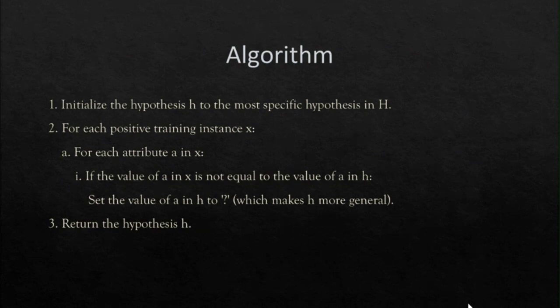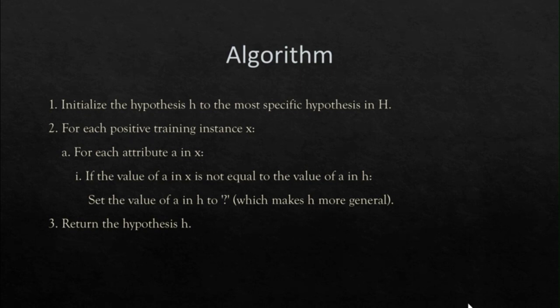So in this algorithm, H represents the hypothesis space, which consists of all possible hypotheses that can be learned by the algorithm. The hypothesis H is initialized to the most specific hypothesis in the H, which means that it assumes that all attributes of positive instance are relevant and present in the target concept.